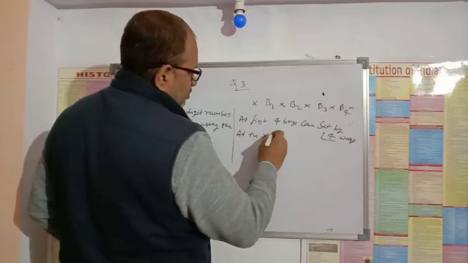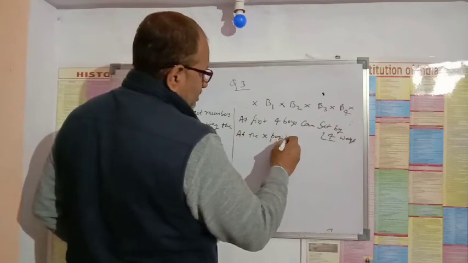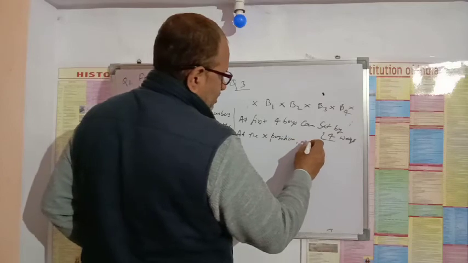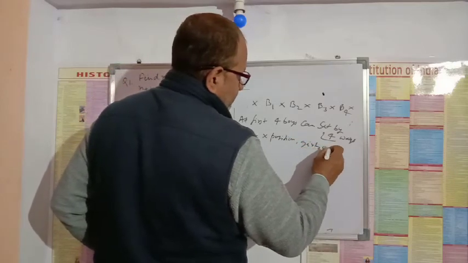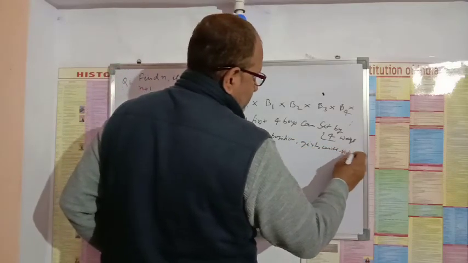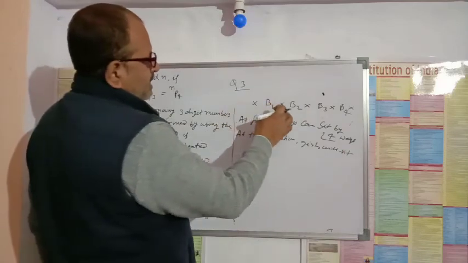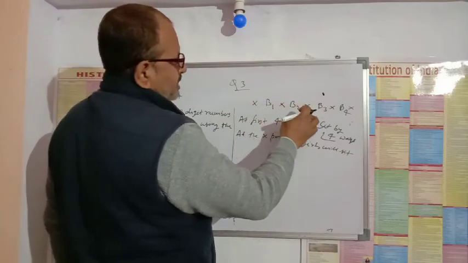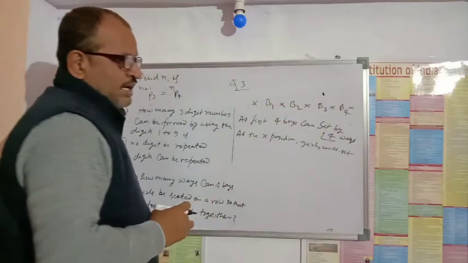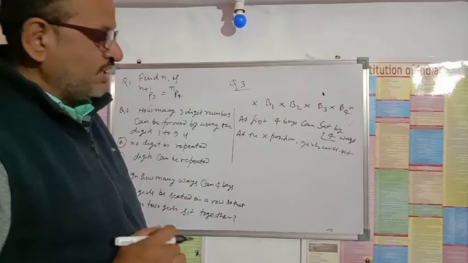At the cross positions, girls will sit. So how many cross positions are there? 1, 2, 3, 4, 5. There are 5 cross positions at which girls will sit.